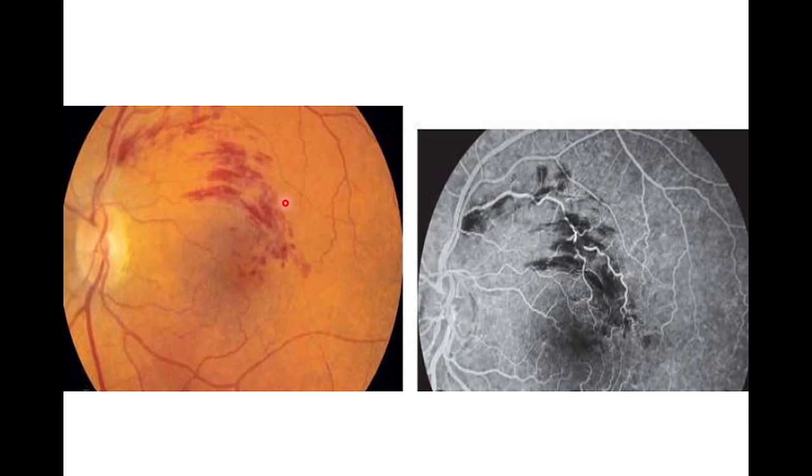Here we can see multiple flame-shaped or superficial hemorrhages. Superficial hemorrhages block the underlying retinal and choroidal circulation, but deep retinal hemorrhages allow us to see the superficial retinal circulation, while blocking the underlying deep retinal circulation and the choroidal fluorescence.